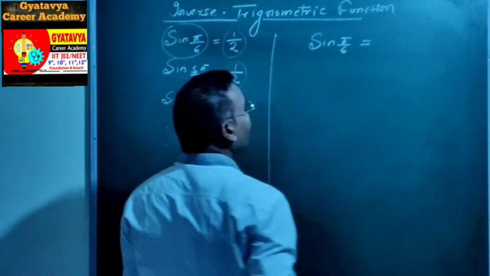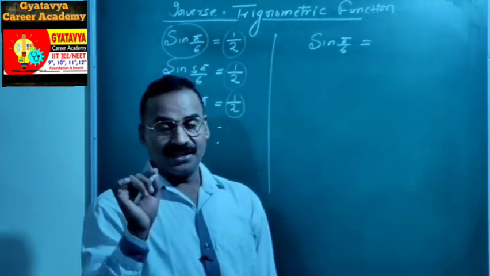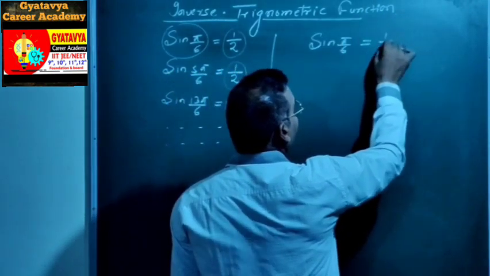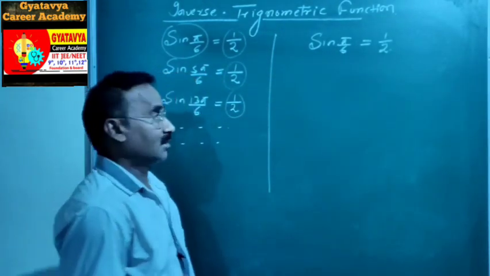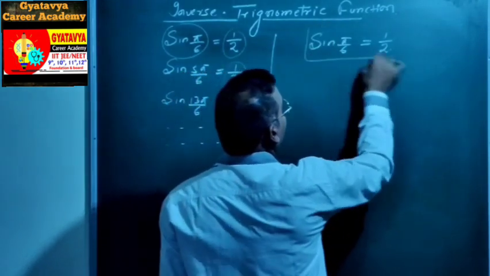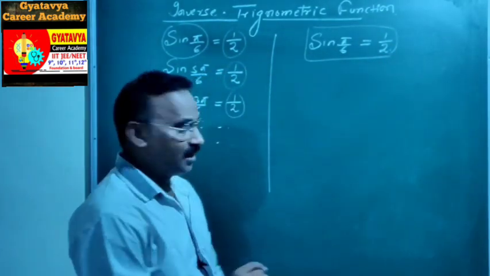So pi by 6 is the minimum angle, the least real number whose sine is 1 by 2. Okay, so this is a 1-1 function, and being 1-1 and onto, we can find its inverse function.